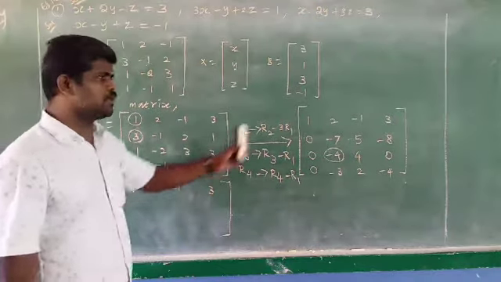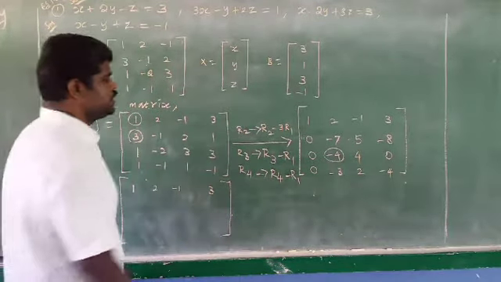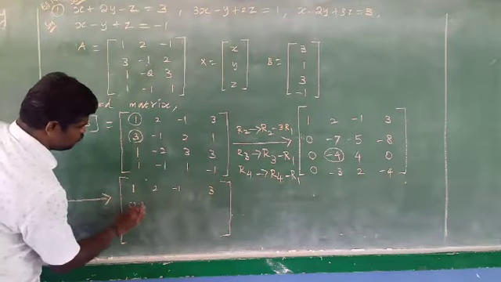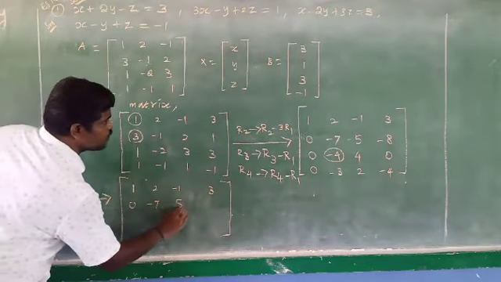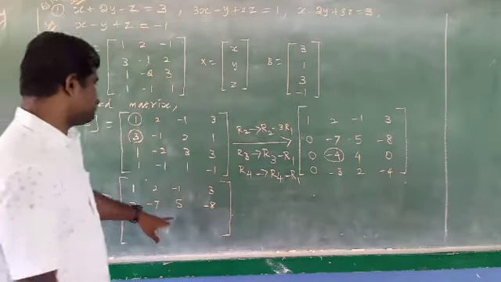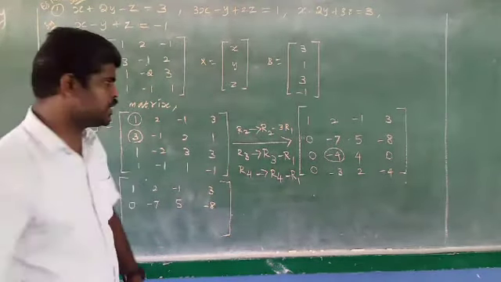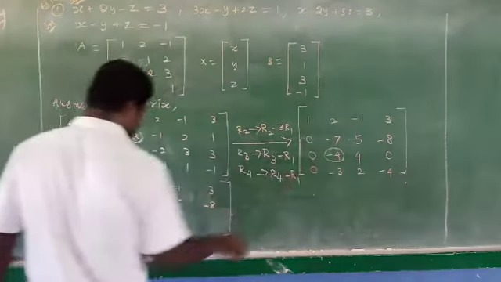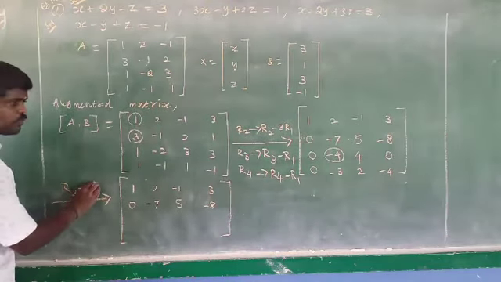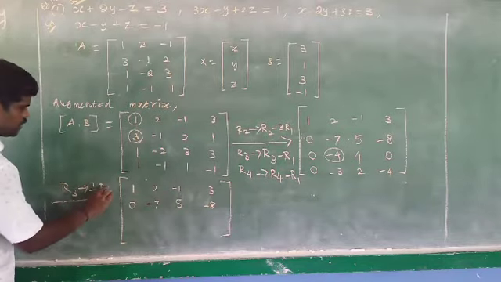And the second one we can write directly 0, minus 7, 5, minus 8. Okay, right. And we make the rule R3 tends to 1 by 4 R3.